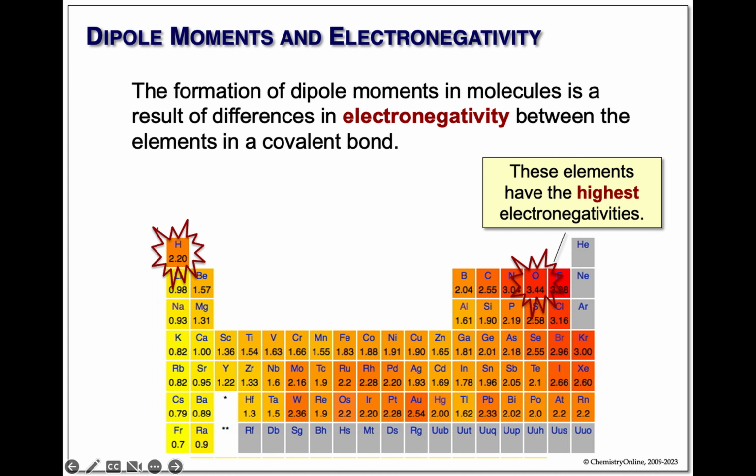It's also very electronegative. Our prediction would be that the hydrogen-oxygen bond in water will be polar, just like HF was. Any questions? Well, let's move on to water then.